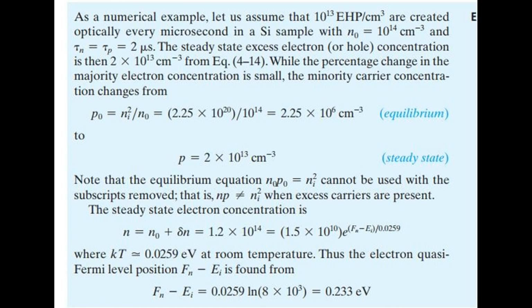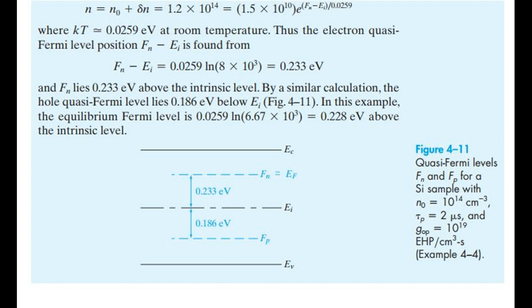In this example, the equilibrium Fermi level is 0.0259 ln 6.67×10^3, which equals 0.228 electron volts above the intrinsic level. Figure 4.11. Quasi-Fermi levels Fn and Fp for a silicon sample with n0 equal to 10^14 per cubic centimeter, hole lifetime equal to 2 microseconds, and 10^13 electron-hole pairs per cubic centimeter.